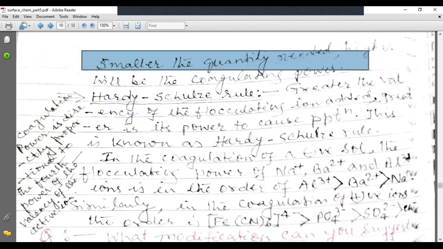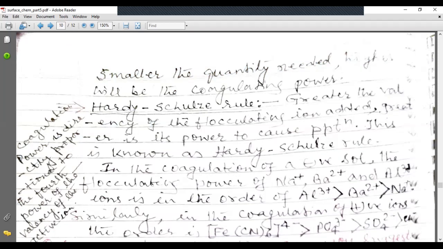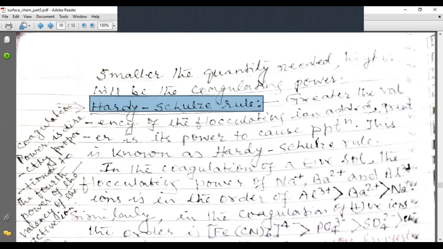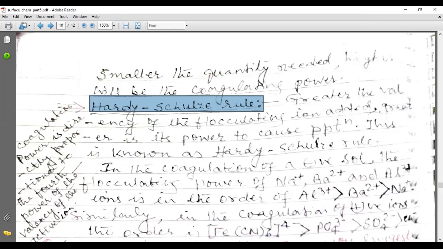Hardy-Schulze rule. The related rule was given by Hardy-Schulze, because of that it is known as the Hardy-Schulze rule. The greater the valency of the flocculating ions added, the higher the power to cause precipitation. Coagulation power is directly proportional to the power of the valency of the active ions.